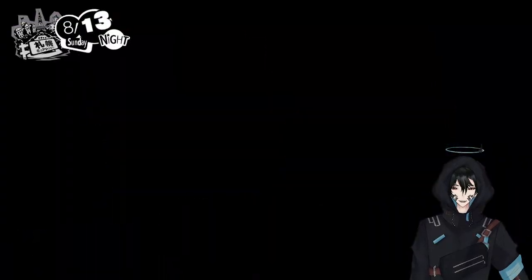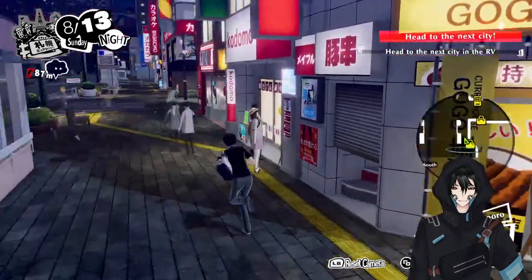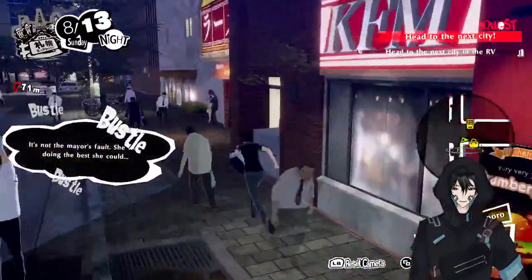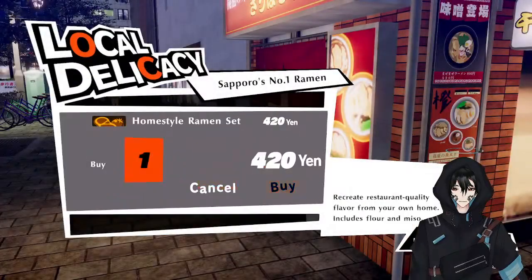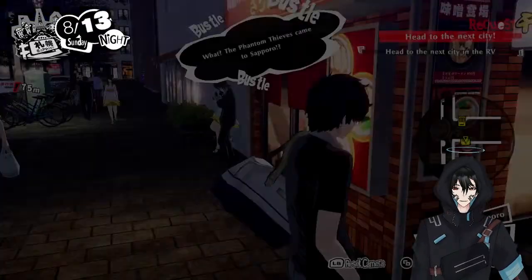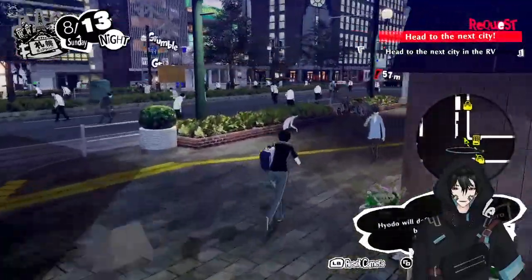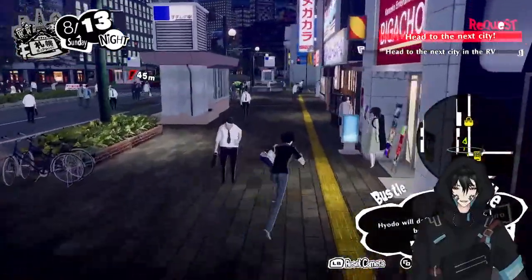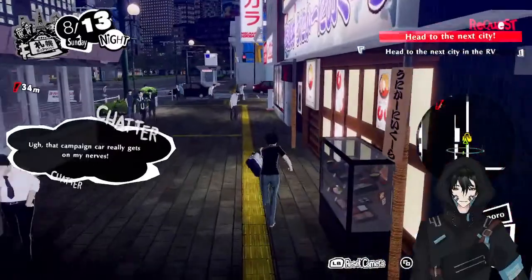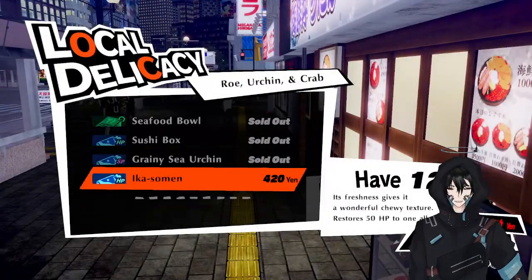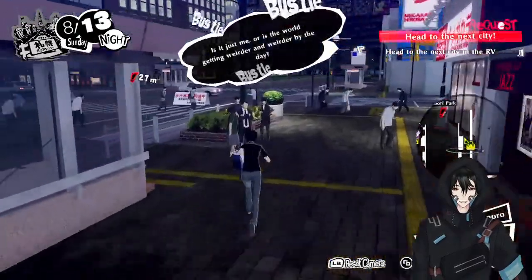We have money to waste anyway. There's one shop. Hello. I thought this came to Sapporo. No shit. Liquor store. Customer. Dankeschön.